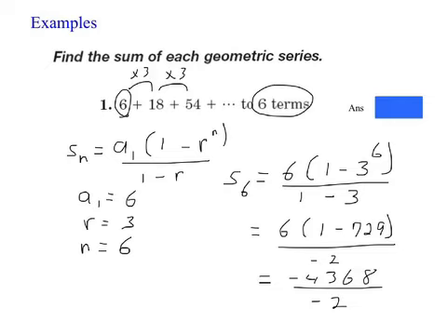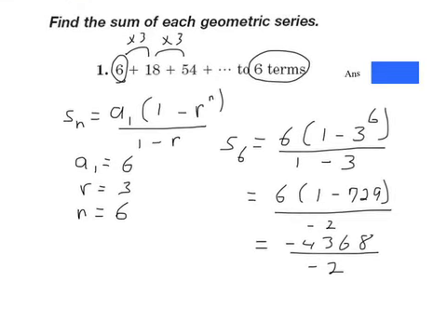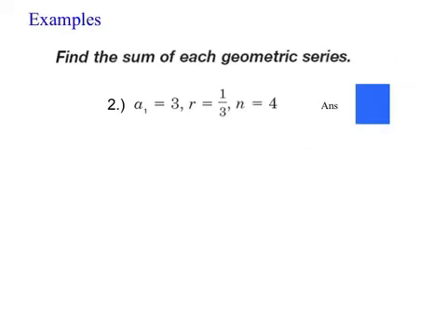If we divide that by negative 2, I get S sub 6 is equal to a positive 2,184. So that's the sum of the first 6 terms. Let's check ourselves to see if we are correct, and we are, 2,184.